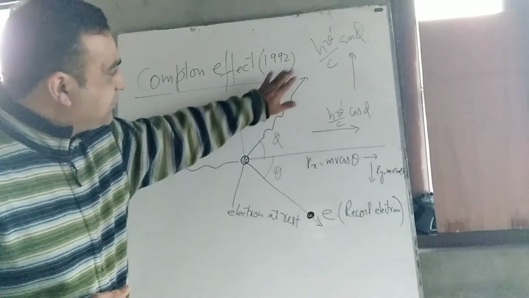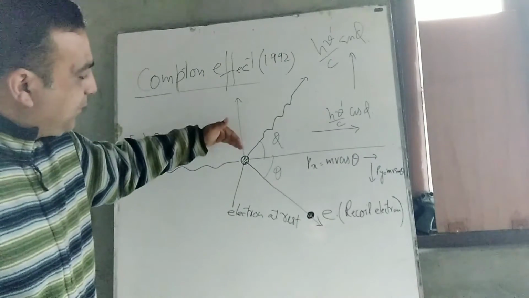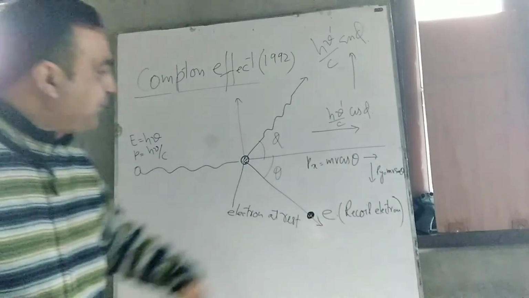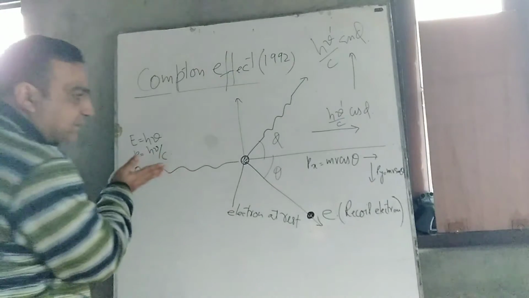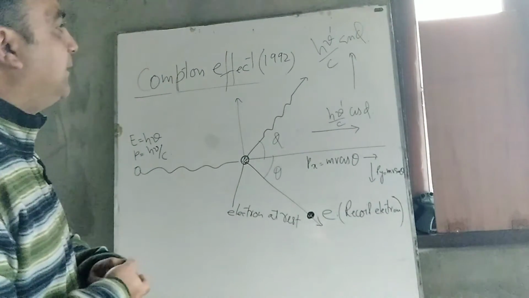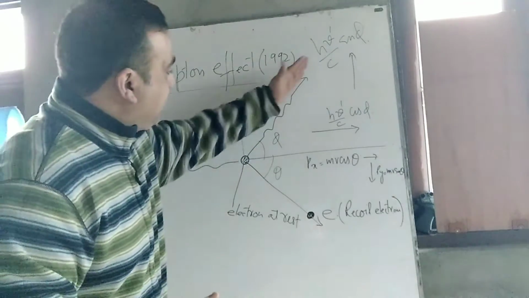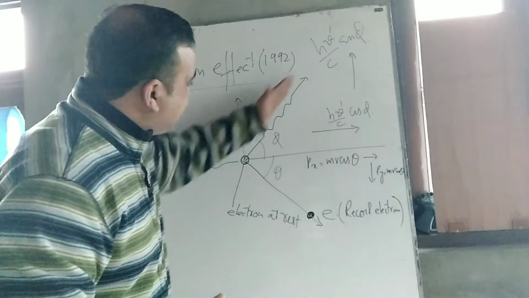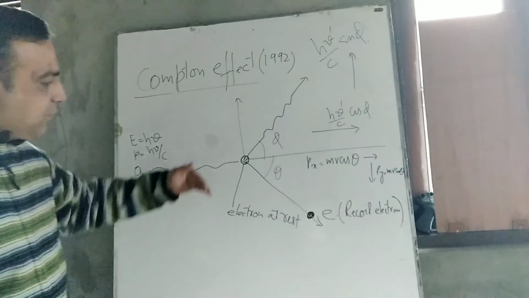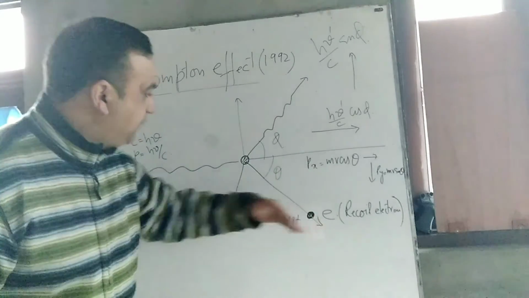The photon goes in this direction, and assuming that the electron goes in this direction, making certain angles with respect to the horizontal. So resolving the components of momentum, you can resolve the momentum for the scattered photon, and you can resolve the momentum for the recoil electron.